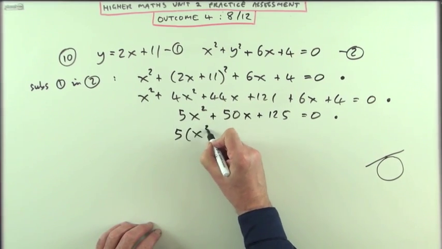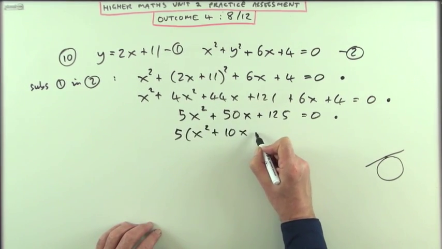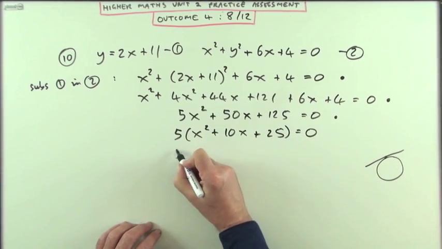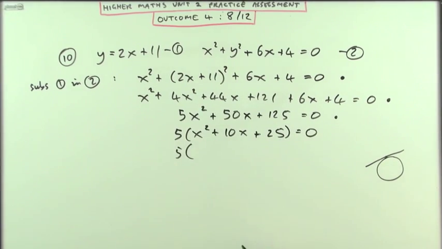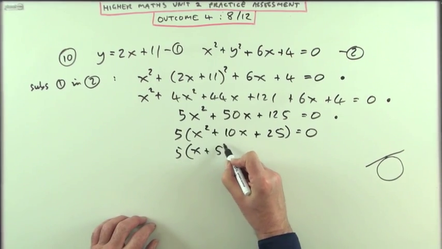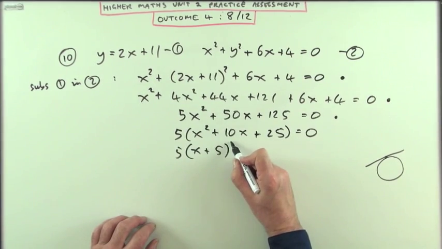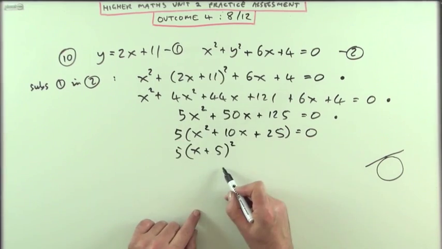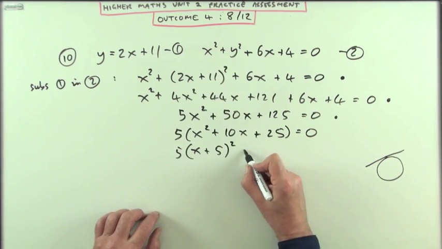Take out the 5, I've got x squared plus 10x plus 25. And if it works, that should be a perfect square. So it must be x plus 5 squared, 5 5s are 25, just double check it all works, x squared, 25, and then 2 5s are 10, equals 0.